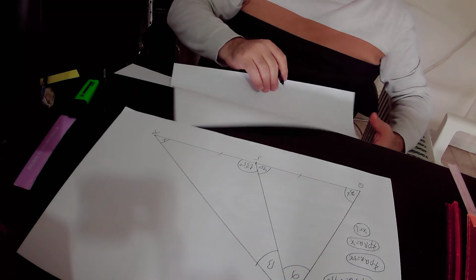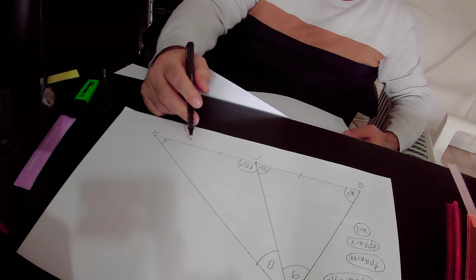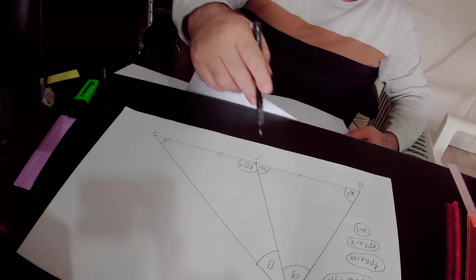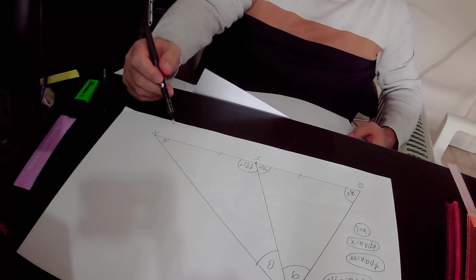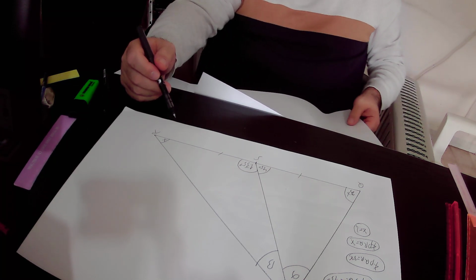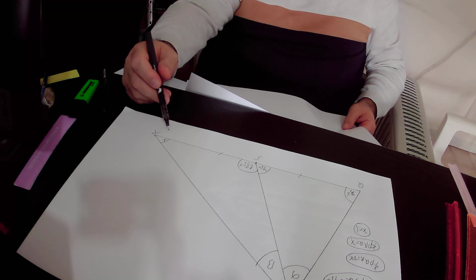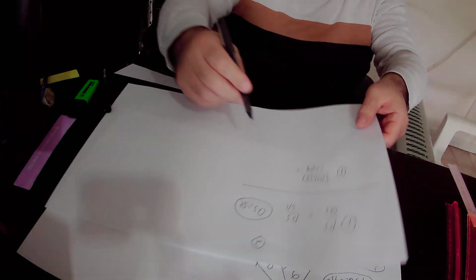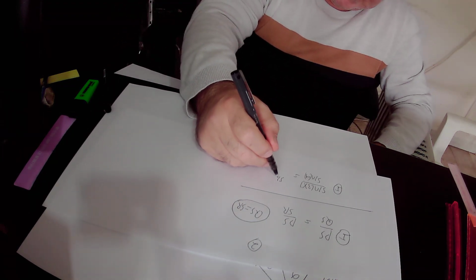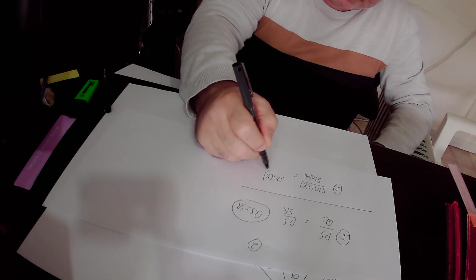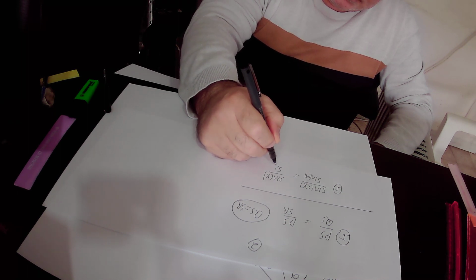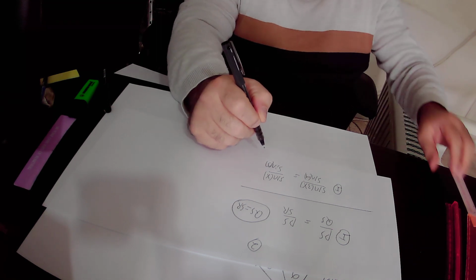And if we focus on triangle PSR, then PS over SR will be equal to sine x over sine beta.